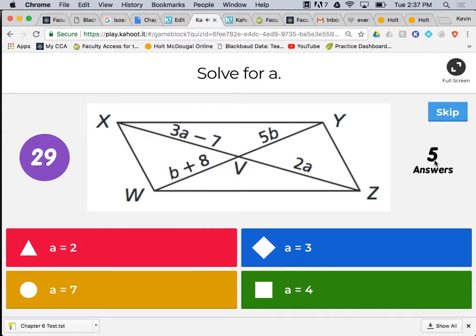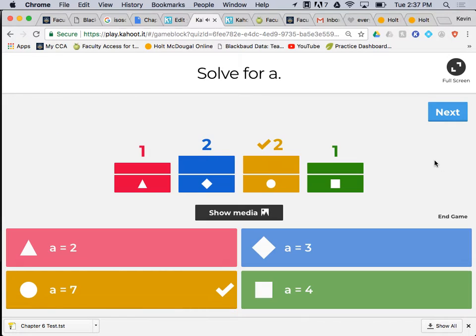You can figure it out. What do you know about these two? They should be equal. So it's 3A minus 7 equals 2A. I subtract 2A from both sides. I get negative 7 equals negative A. Divide by negative 1, I get A equals 7.